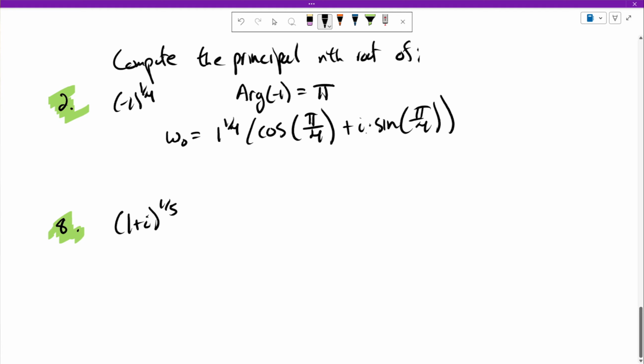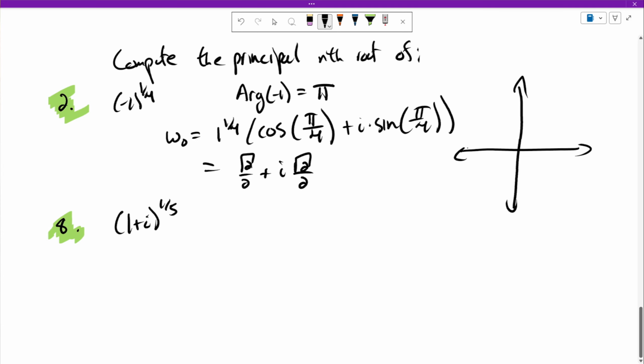And so really it's just cosine pi fourths plus i sine pi fourths, which is √2/2 plus i √2/2. That's the principal nth root. And if we were to draw a picture, we would find the following. The modulus of W0 is 1, so it's on a circle of radius 1.